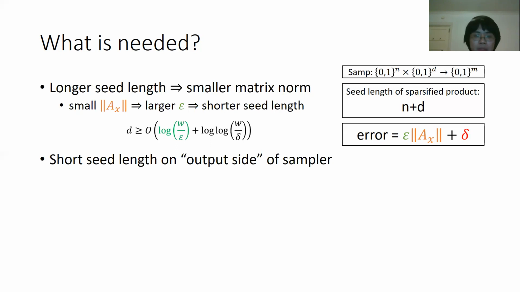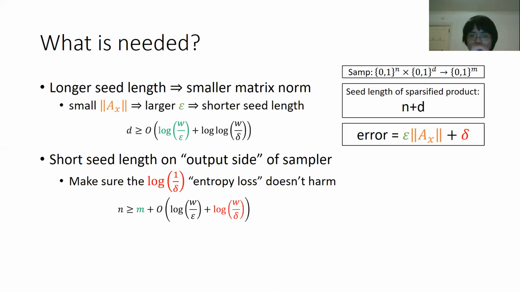And the second property required by this sampler trick is that there needs to be a short C length on the output side of the sampler, because in a sampler it is required that the input side is larger than the output side by a larger delta additive term.